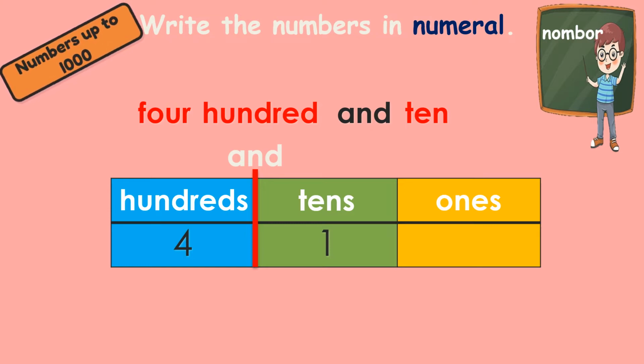Then in ones place we put 0. So we write like this, 410.